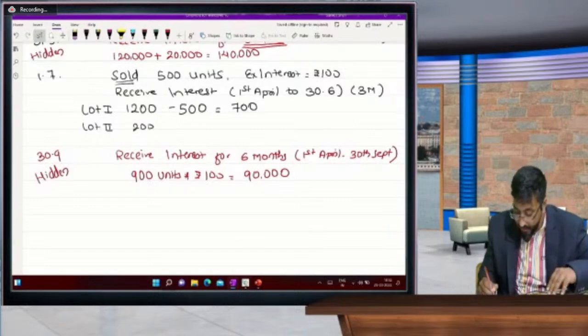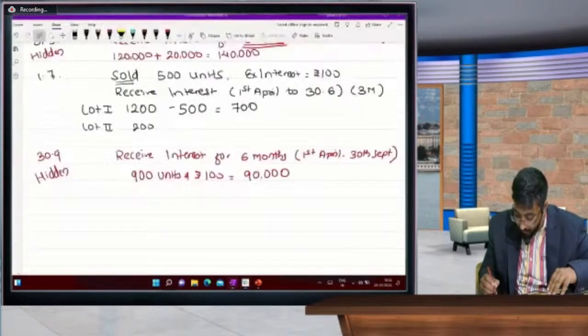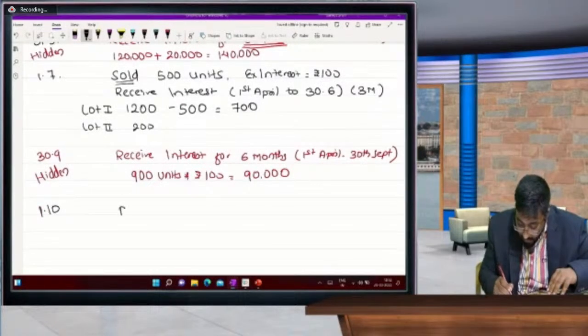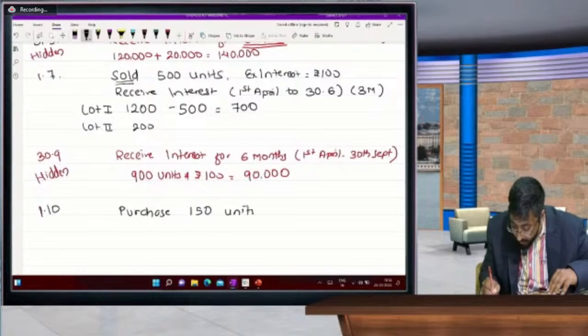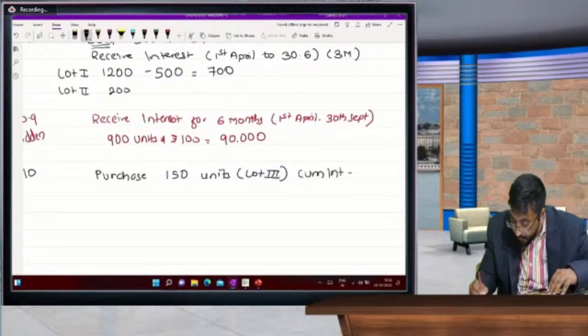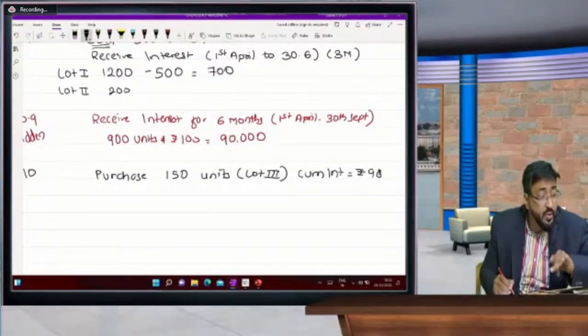And now 30th September is over. Now what is the next date, beta? Yes, you are getting it now. Pratham now. 110. 110, what happened? Purchase 150 units. Lot number 3. At what price? Now beta, cum interest rupees 98. When you purchase, you have to pay interest or you will receive interest?